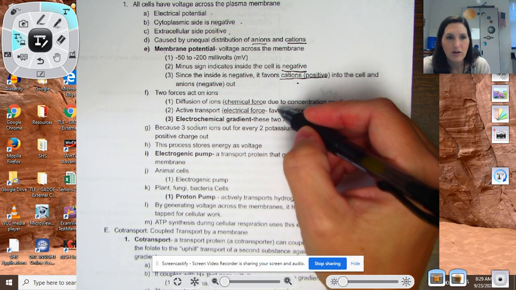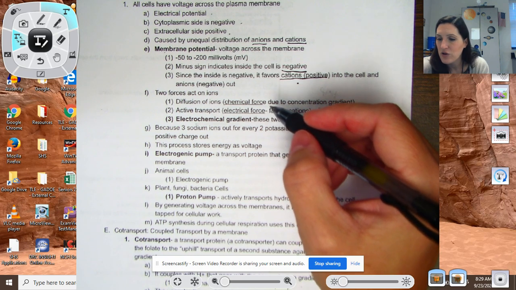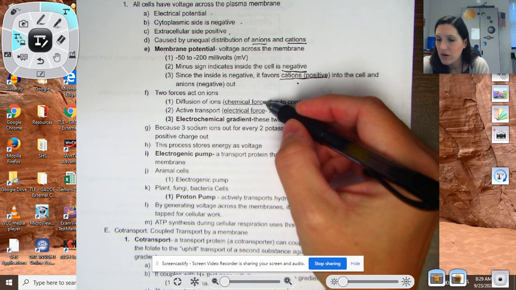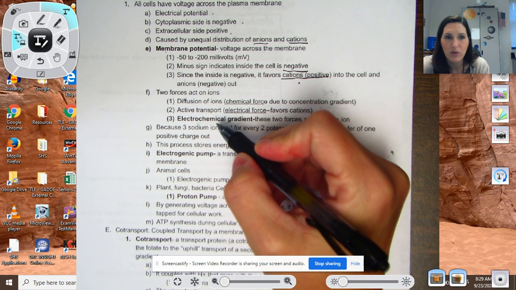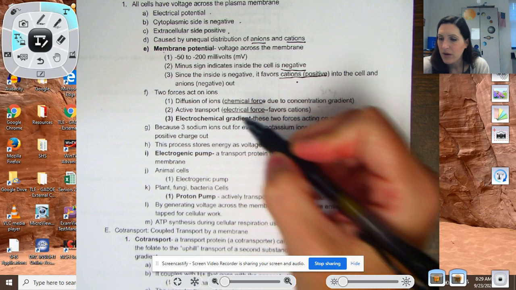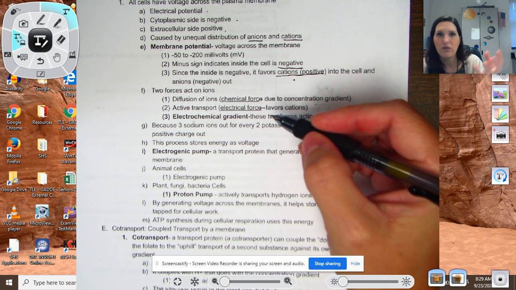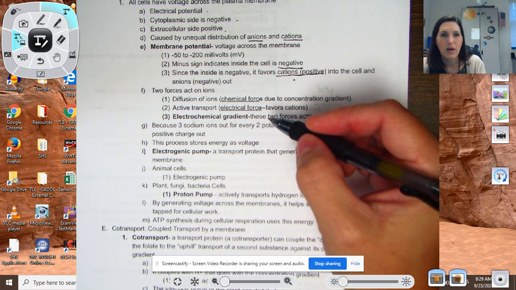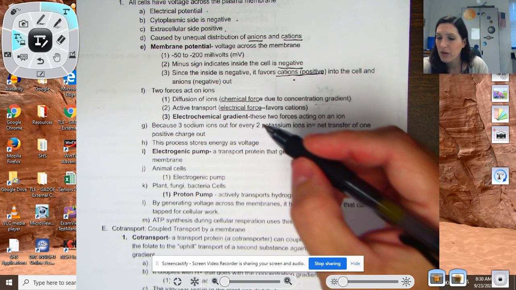The two forces that act on ions are the diffusion of ions as a chemical force and an electrical force. Together we call this an electrochemical gradient. The electrical force is that the inside is negative, so we pull the positives, but there is also the chemical force due to the concentration gradient, high to low or low to high, because we're doing active transport.